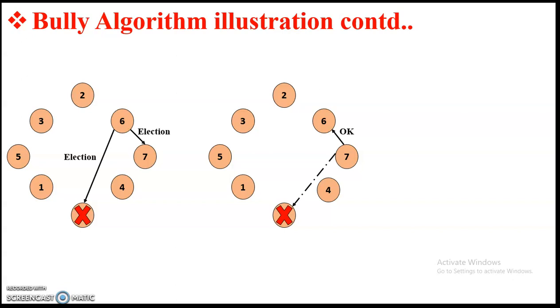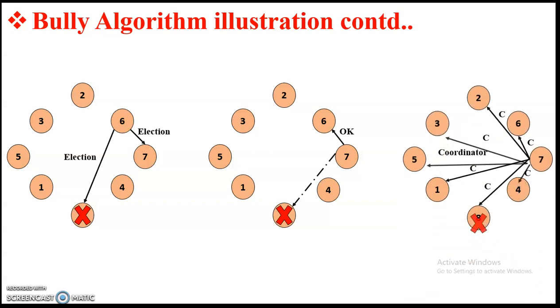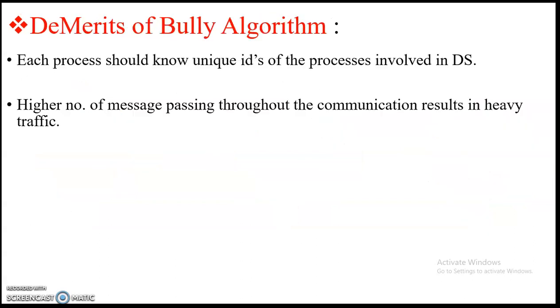And 7 will now send a message to 8, but 8 has crashed. So 7 is the highest priority process. 7 is now elected as a coordinator and broadcasts a coordinator message to all the processes in the network saying that I am the newly elected coordinator. So this is the bully algorithm.